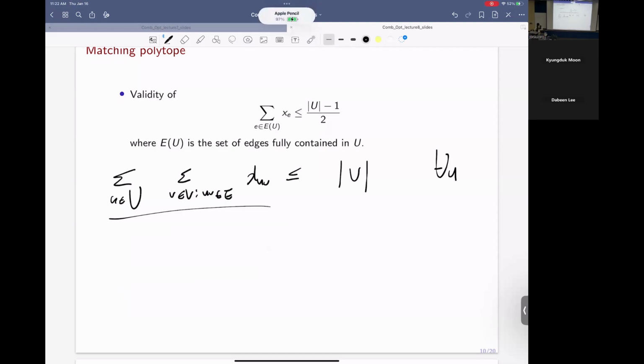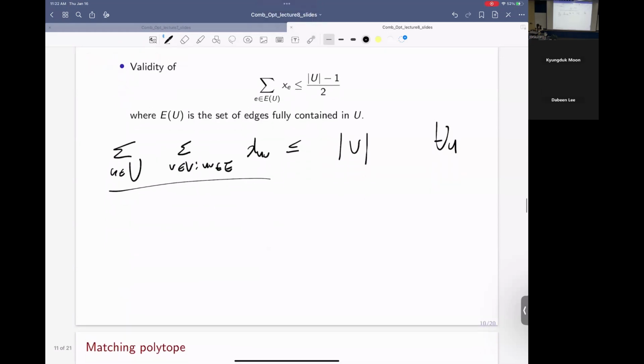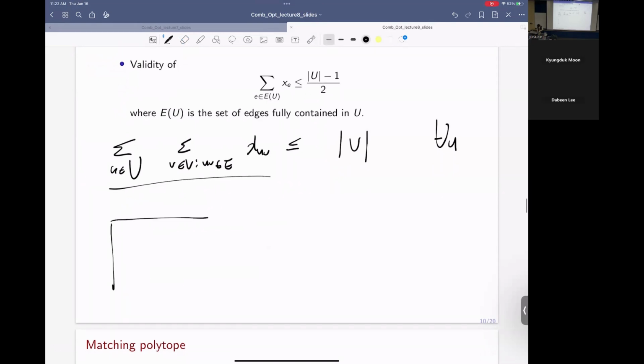So let's look at the set U. And there are edges that are contained in U. But some vertex might have an edge that crosses this subset.